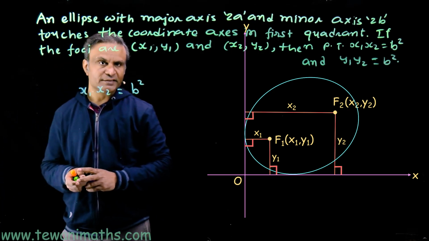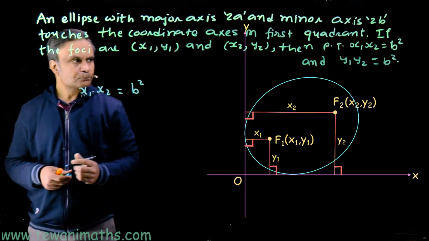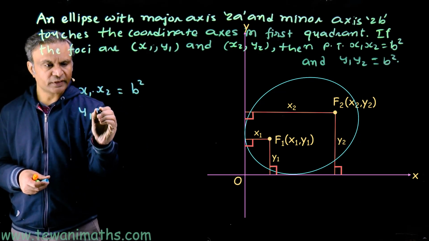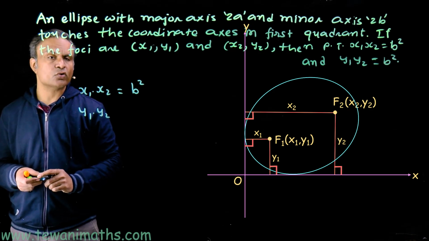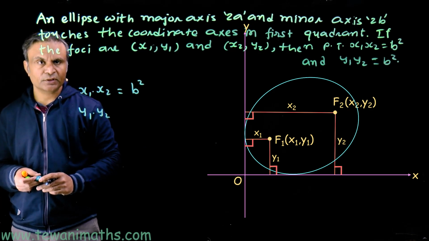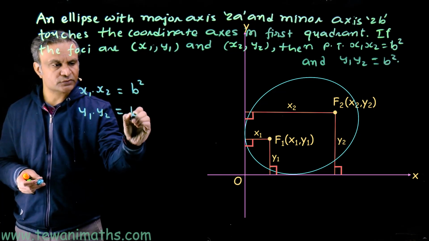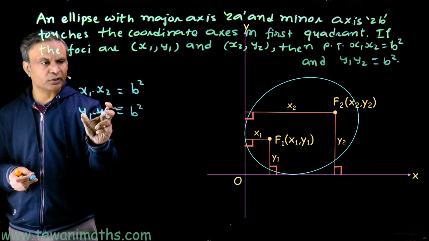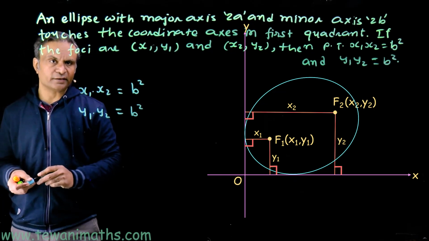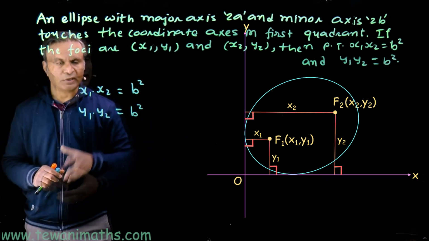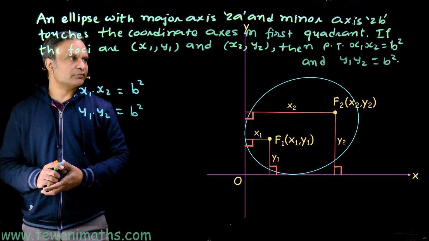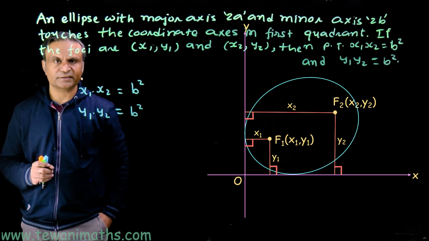Here the tangent line is the y-axis. Similarly, y1 and y2 are lengths of perpendiculars from the foci upon the x-axis. So this product is also b square, the square of the semi-minor axis. So it is a simple observation-based question. If you know this property, you can do this question very easily.